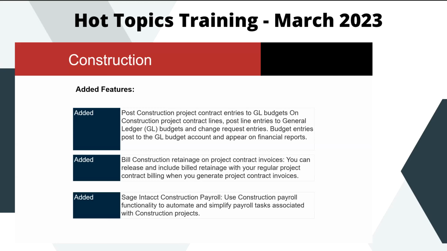Also added is the bill construction retainage on the project contract invoice. Now you can view invoices, retainage releases, and payments for project contracts, as well as project contract lines, directly from the contract billing detail tab.